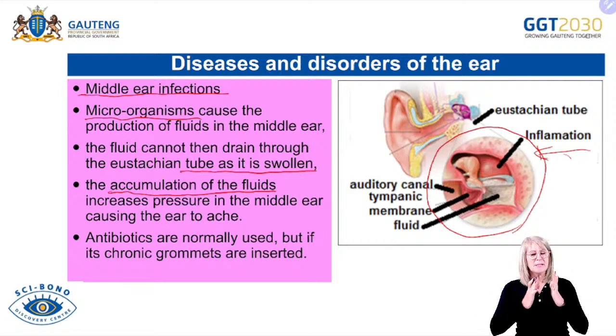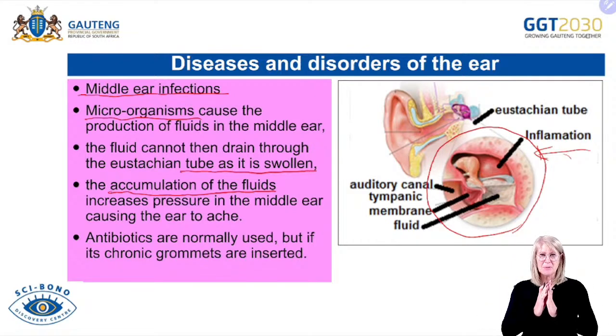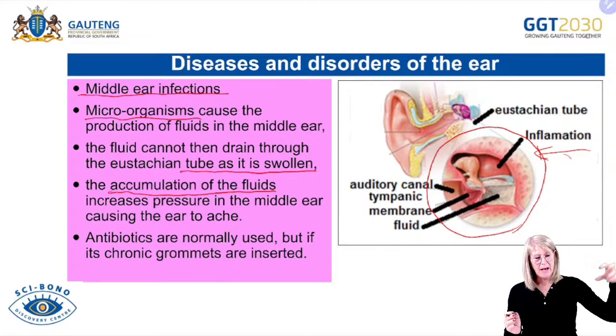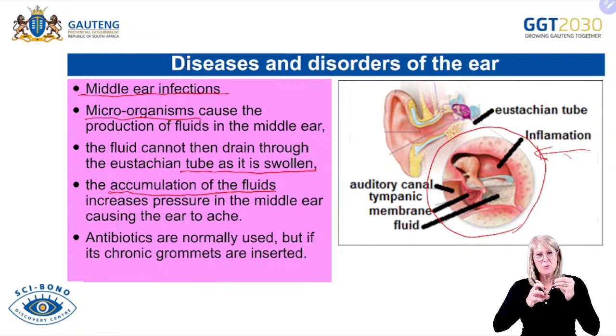Now remember, when we did the structure of the ear, we said that the pressure on both sides of the tympanic membrane must be equal, and your body equalizes that pressure. From the outside, we've got air pressure, and if that eustachian tube is blocked and we've got fluid in there, it's building up pressure, plus we can't equalize the pressure.